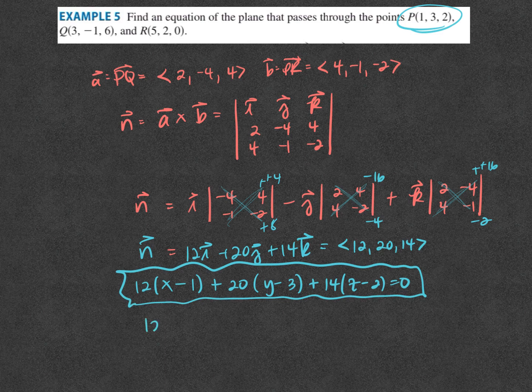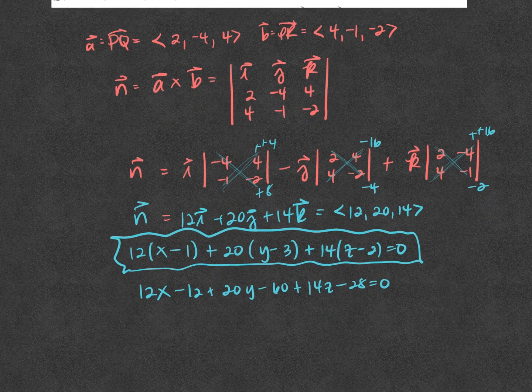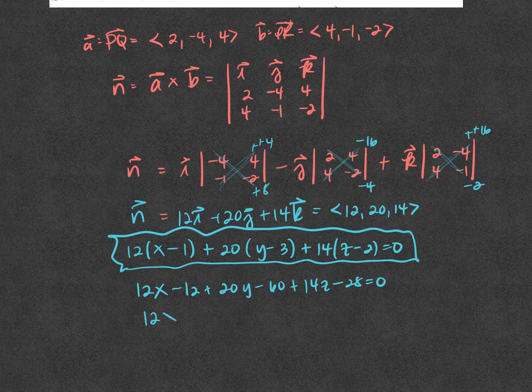So let's distribute. We have 12x minus 12 plus 20y minus 60 plus 14z minus 28 equals 0. So when we pull those apart, we have 12x plus 20y plus 14z minus 100 equals 0.